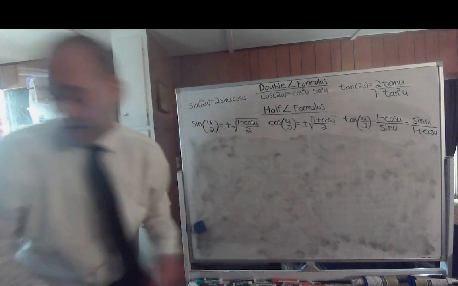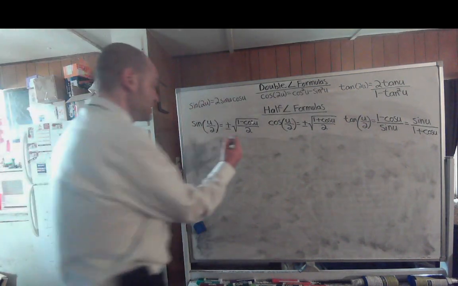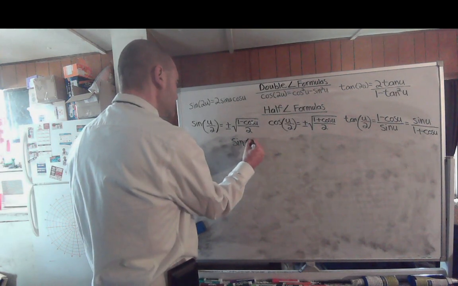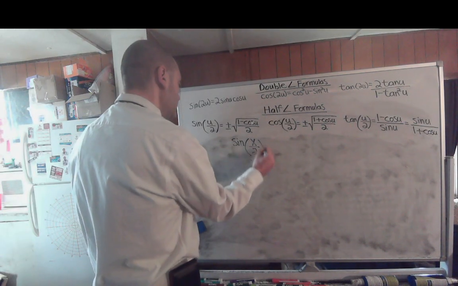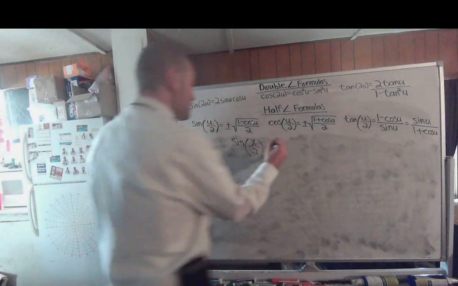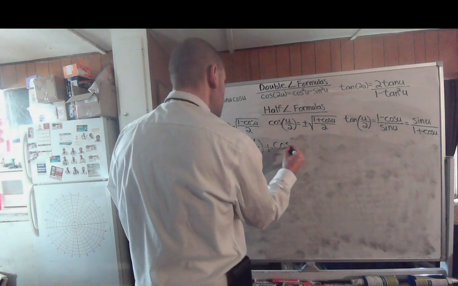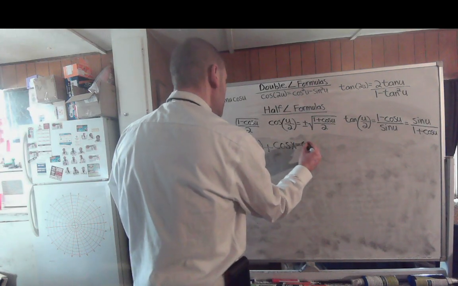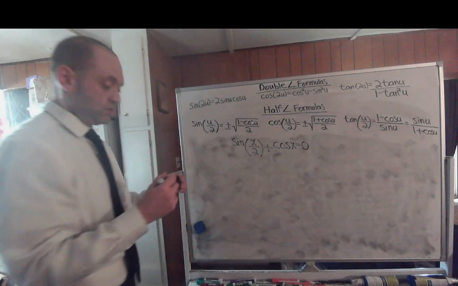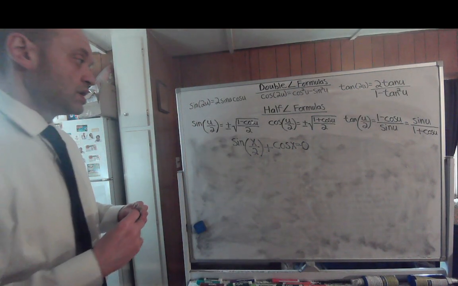What if we had, this time, the sine of x all over 2 plus the cosine of x equal to 0. So we have the sine of x all over 2 plus the cosine of x equal to 0.